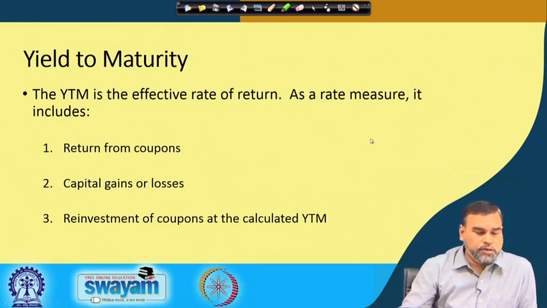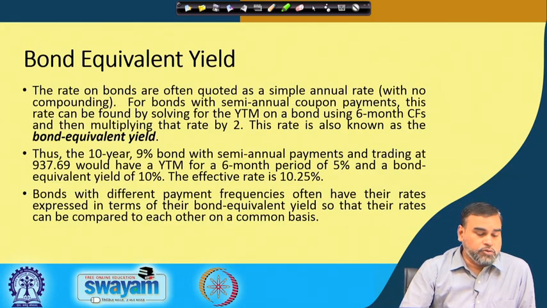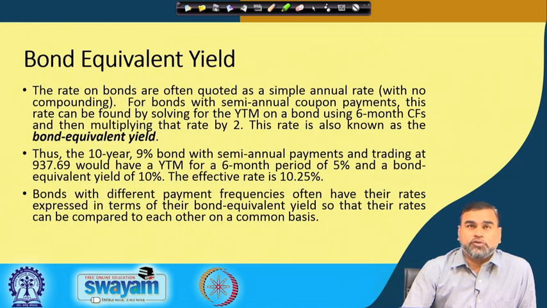Then let us see another concept called the bond equivalent yield. What do you mean by this bond equivalent yield? Most of the time, the yield of the bonds is quoted as a simple annual rate, and we do not consider the compounding part.